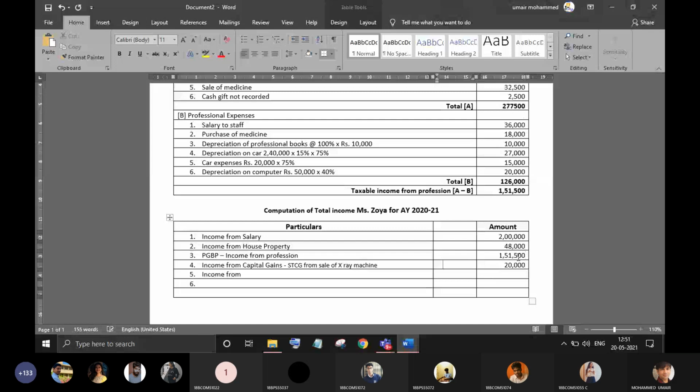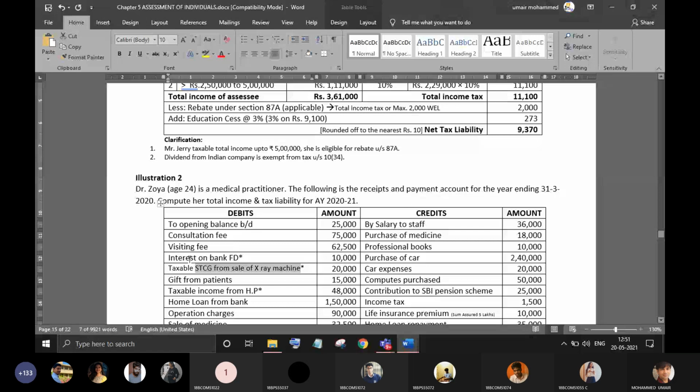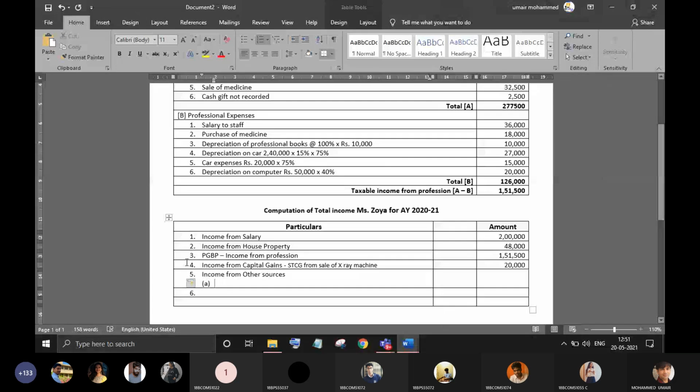Income from other sources. What are the income from other sources? The first one is income from FD, interest on bank fixed deposit. He has earned 10,000.